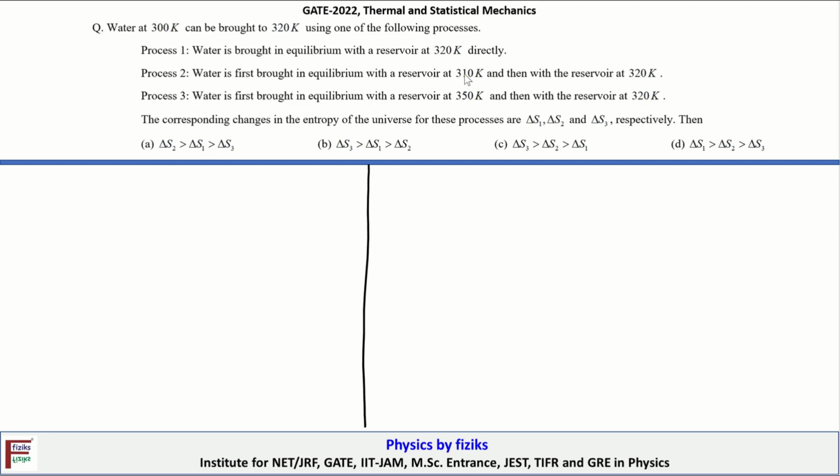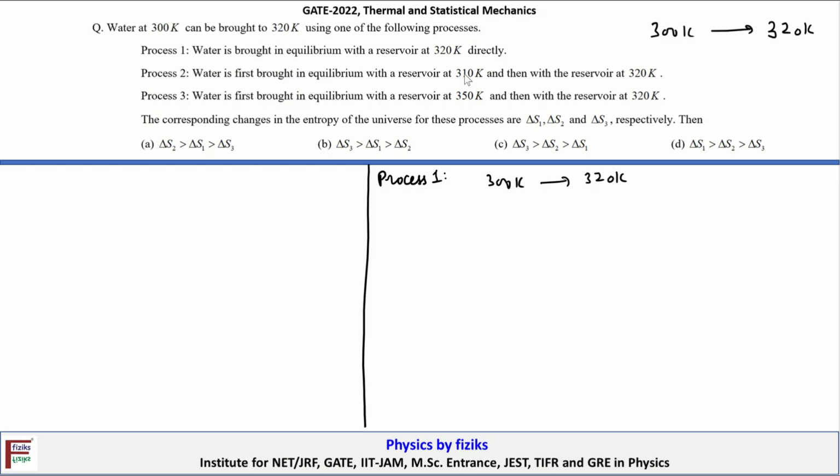So in process 1, basically we are changing the temperature of water from 300 Kelvin to 320 Kelvin by following different routes. In the first case the temperature is changed from 300 Kelvin to 320 Kelvin in one single step.